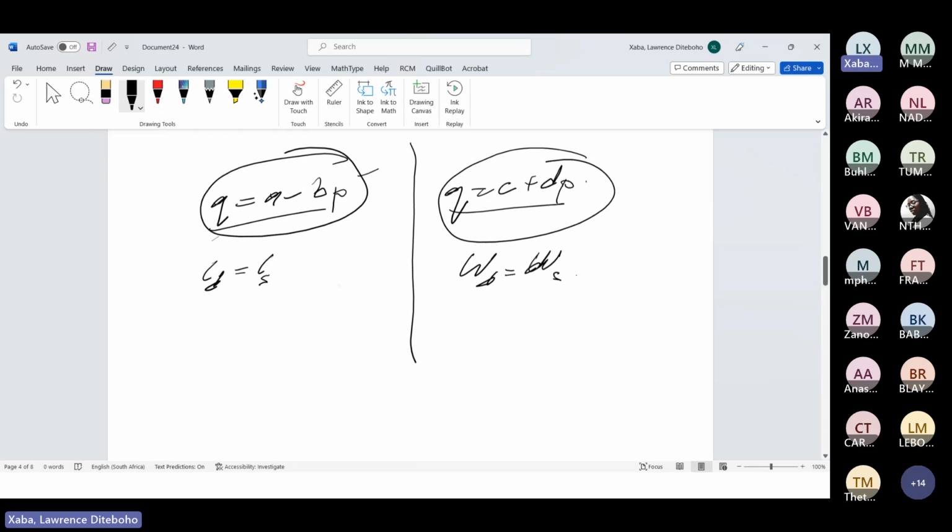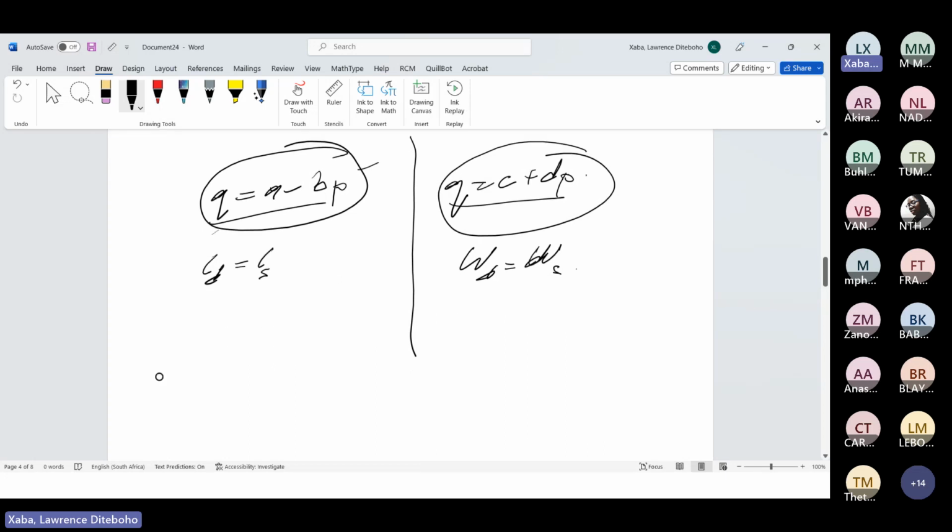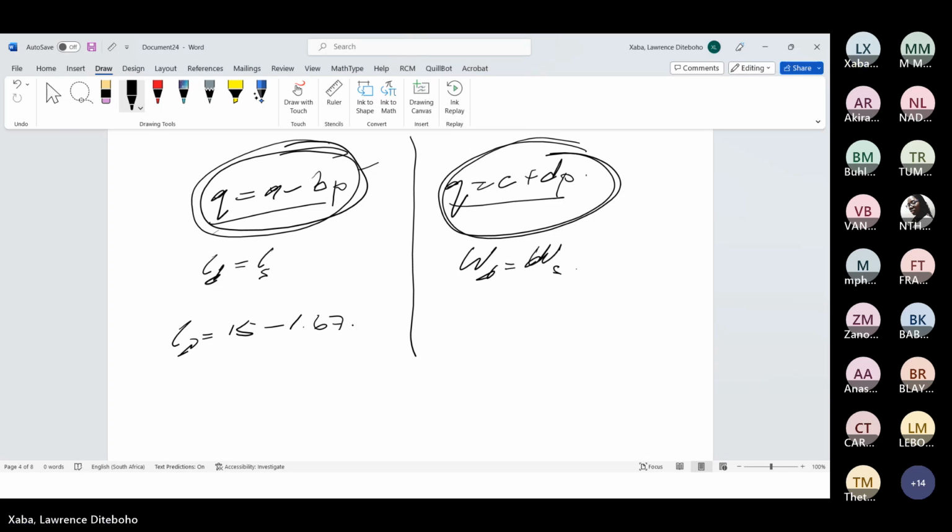So what we're going to do, maybe before we do the equating, let's get the values that exactly represent this demand equation and the supply equation. We are saying the given is L equals 15 minus 1.67 W D. And if you look at this, in this equation, L will act as our Q, and W will act as our price, just to remind you.